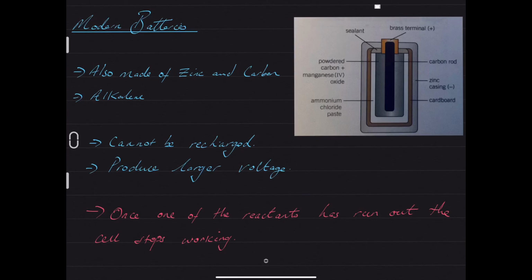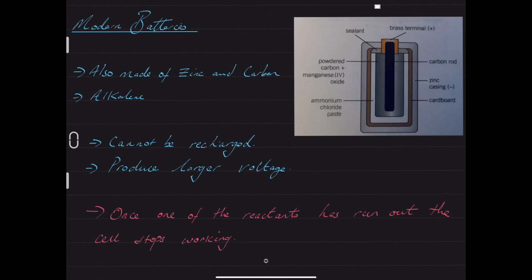They also cannot be recharged, and these are called dry cells. With the electrodes made up of zinc and carbon, they are non-rechargeable and they are the modern alkaline cells. But these cells produce a larger voltage than the primary cells.